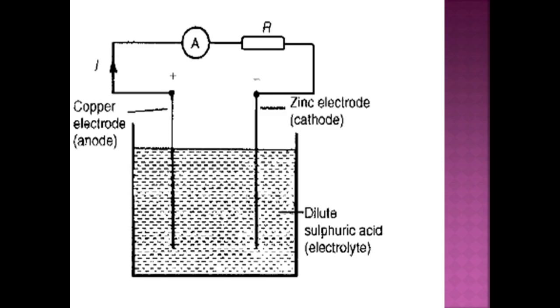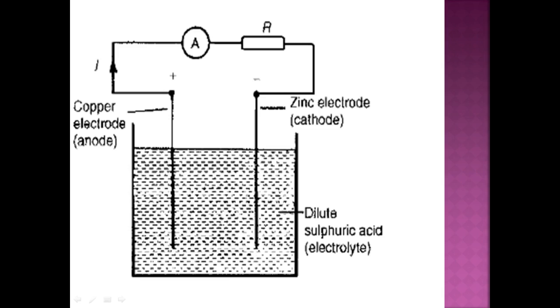We can look at the diagram. It depicts the construction of a simple cell. We can see we have the dilute sulfuric acid as an electrolyte. We have the electrode. On this side we have the zinc electrode.